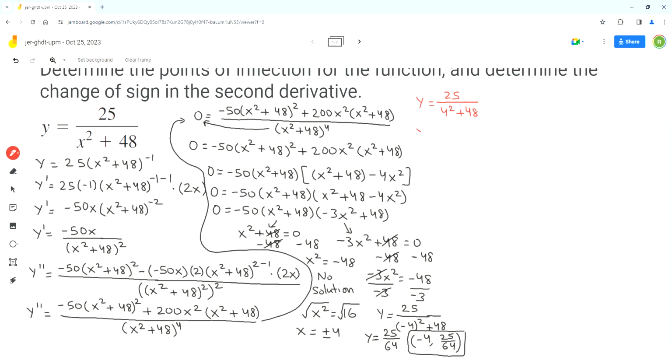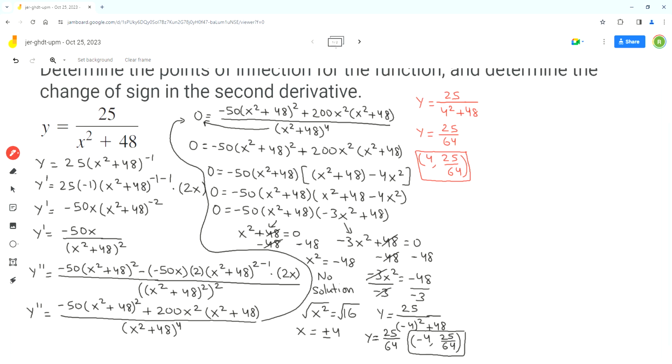So we'll get the same y value, 25 over 64. So the second inflection point is 4, 25 over 64, and these are the two inflection points we got by setting the y double prime equal to 0.